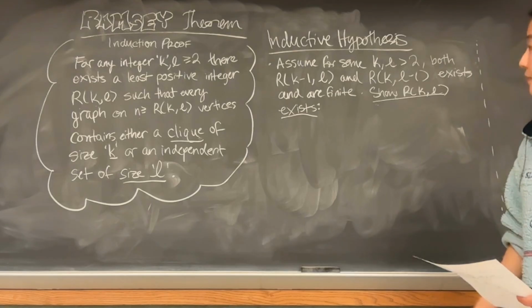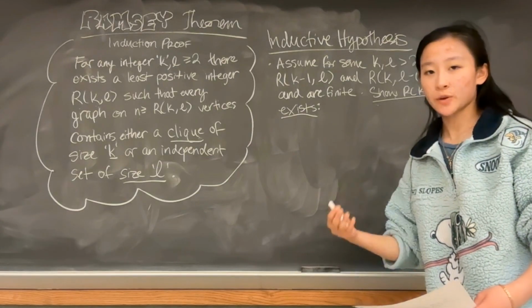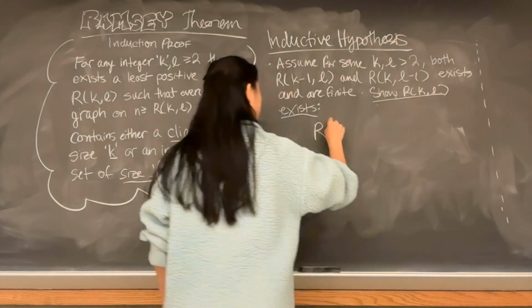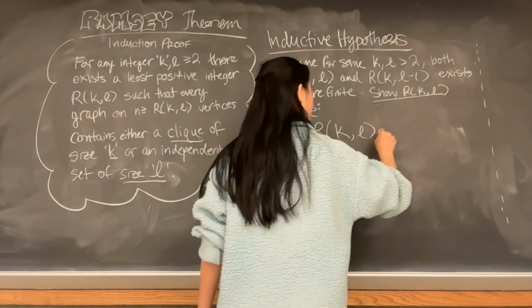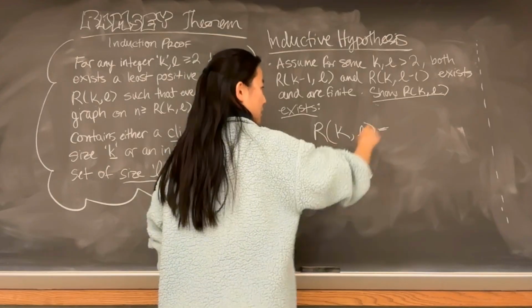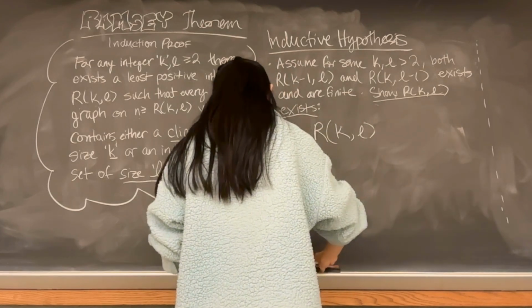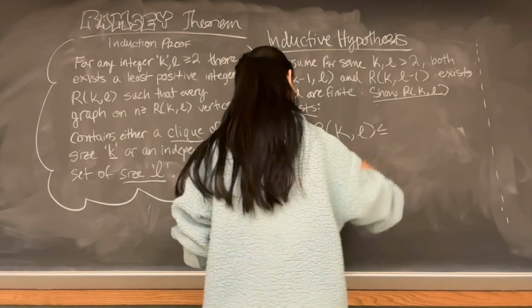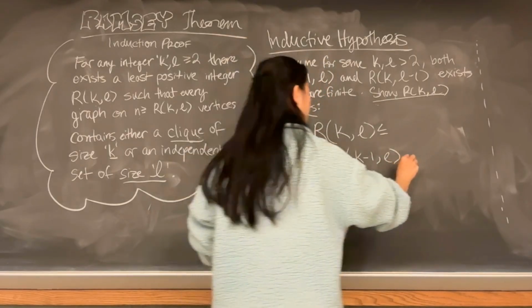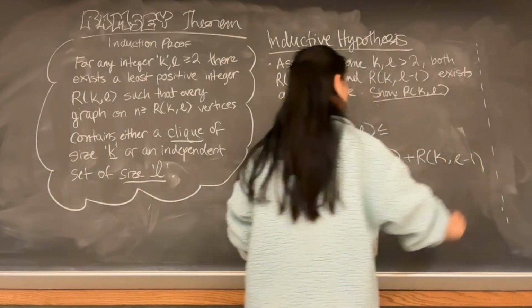In order to do this proof, one of the mathematical inequalities that we have to prove is that R(k,l) is less than or equal to R(k-1,l) plus R(k,l-1).